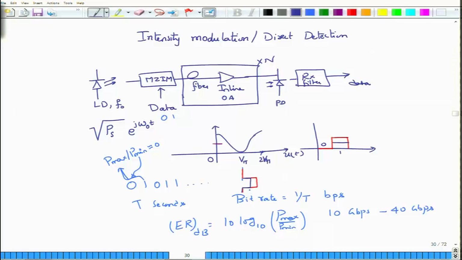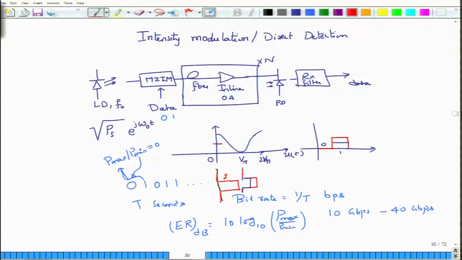So what you can do is, instead of working this way, you can pull down this u of t down to 0 and then have a max change of up to V pi. Okay. So how would that go? So this is 0, this is 1, which goes up to V pi and then back. So the DC content of this waveform is actually smaller compared to the DC content of the previous biasing scheme.